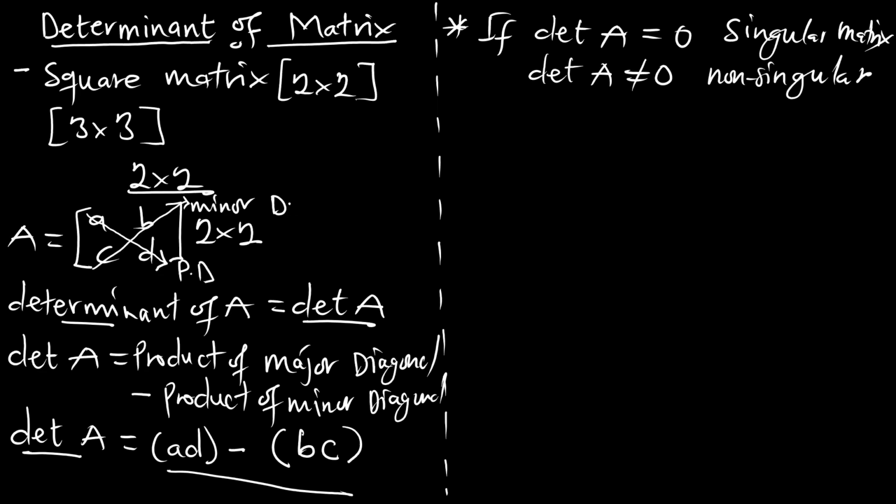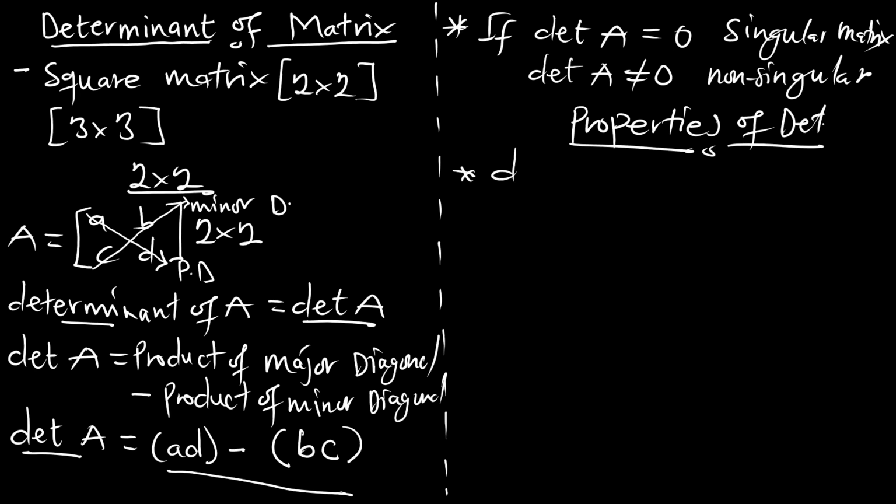So let's look at some properties of determinants. Anytime we have a matrix A, det A is equal to det of A transpose. The determinant of a matrix A is equal to the determinant of its transpose.